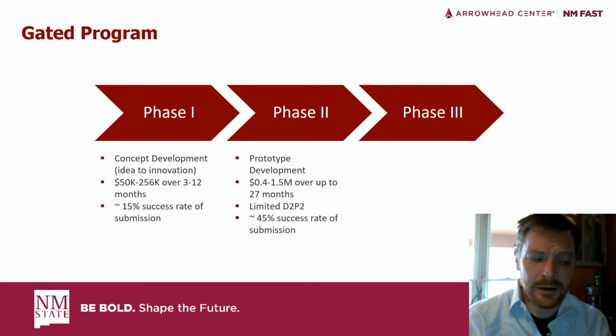Now, one thing to note is that with a phase one, you have about a 15% win rate. So that means across the board, for every agency, of phase one proposals submitted, there's about a 15% chance that you're going to get funded. Now, this does increase if you get rejected the first time, and then you go back and make changes.